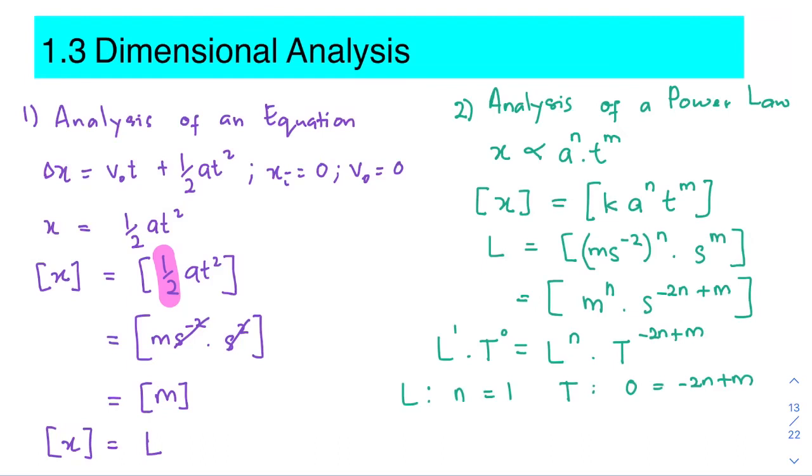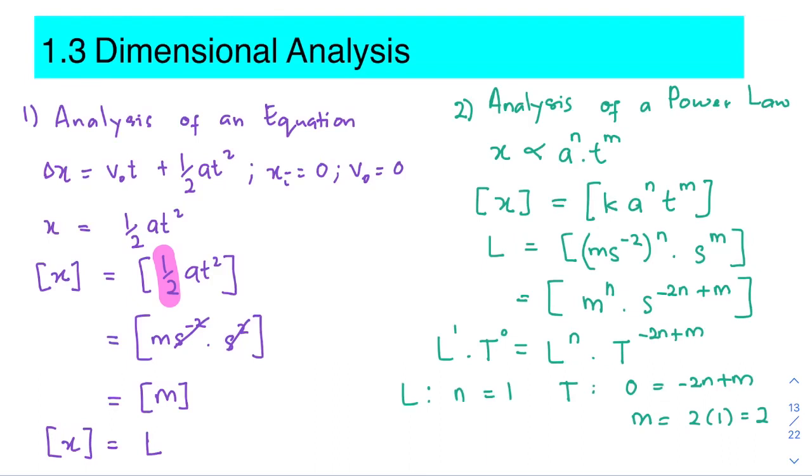So from here, m is equivalent to 2 times 1, which is 2. So we have the values of n and m now.